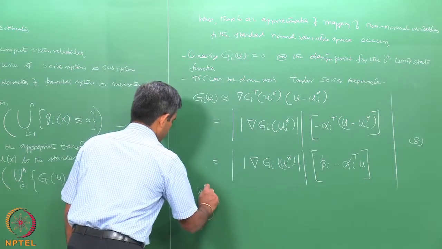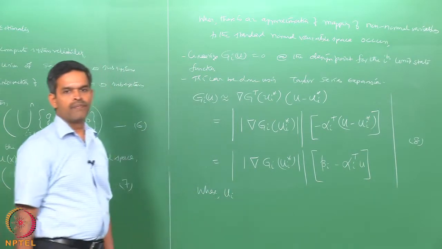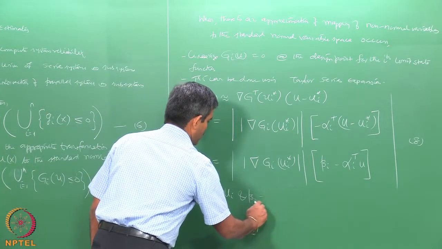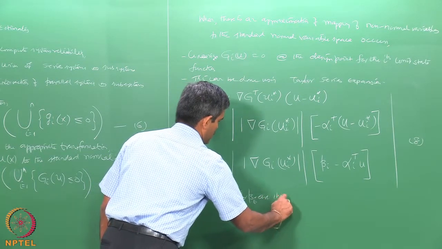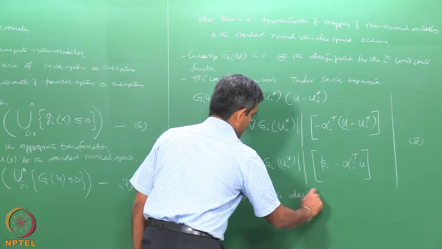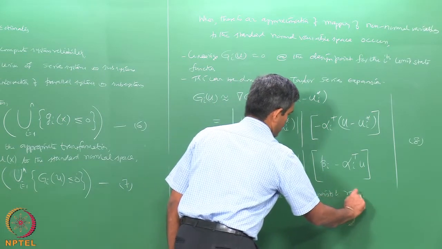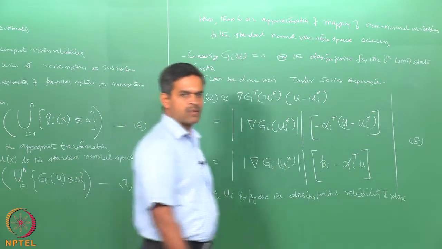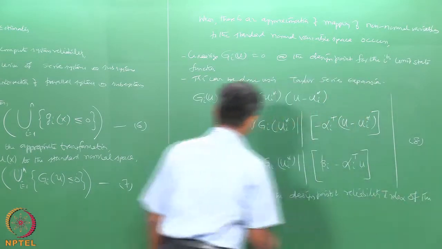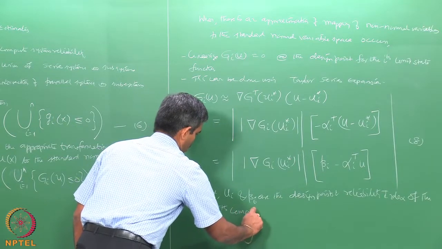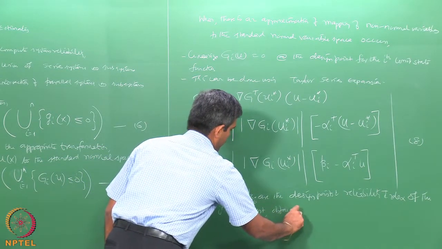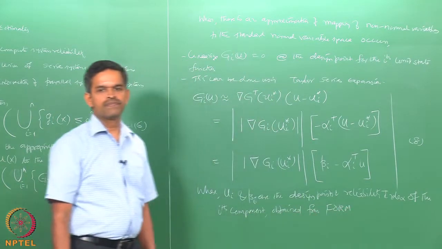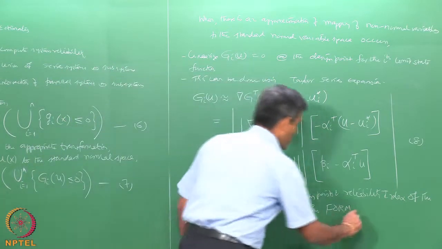where u i star and beta i are the design point and reliability index of the ith component, obtained from first order reliability methods applied to the component.